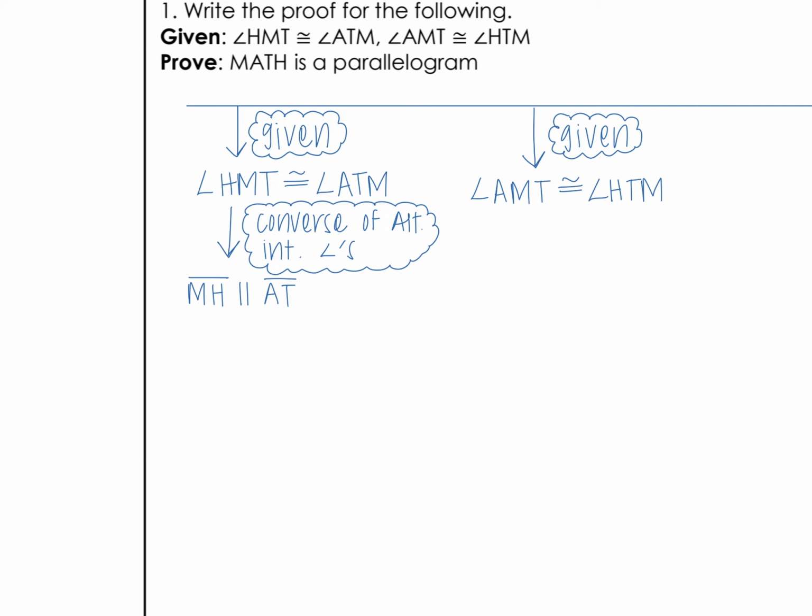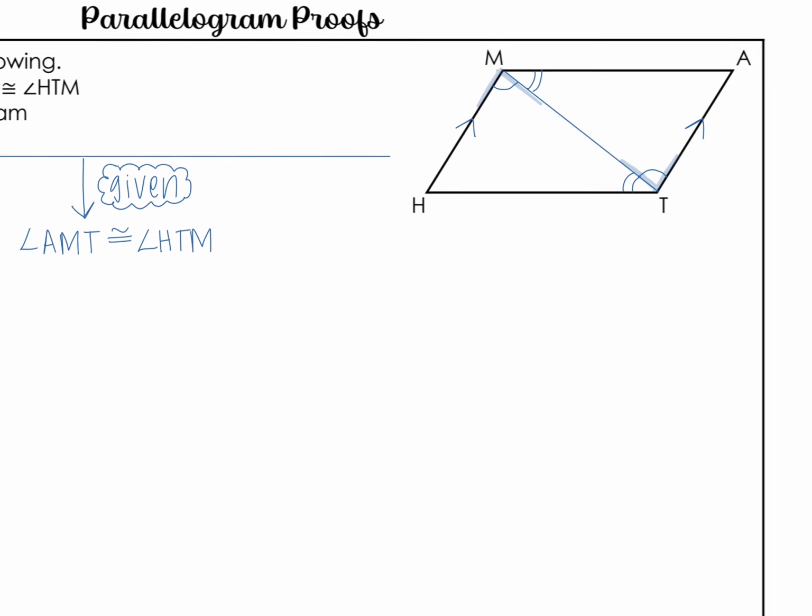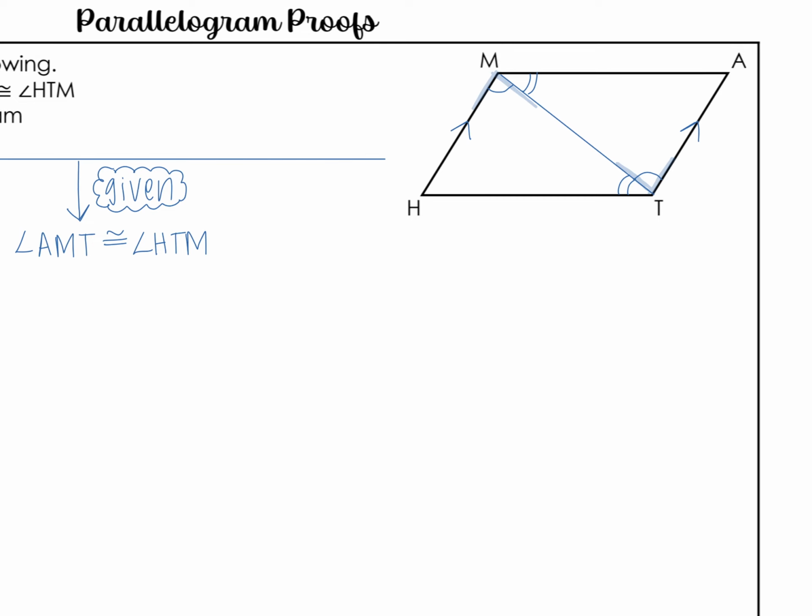Using that, we were able to say that MH is going to be parallel to AT. Now let's see if the other pair of congruent angles helps us prove those other two sides to be parallel. I'm going to use a different color just so that I can see this. When I highlight them, once again, they have that transversal in common, that is MT. And the other two sides that they sit on are MA and HT.